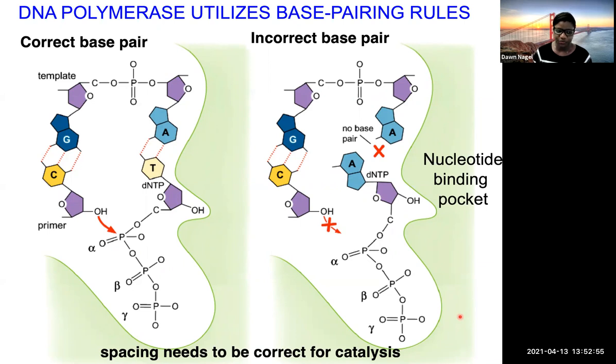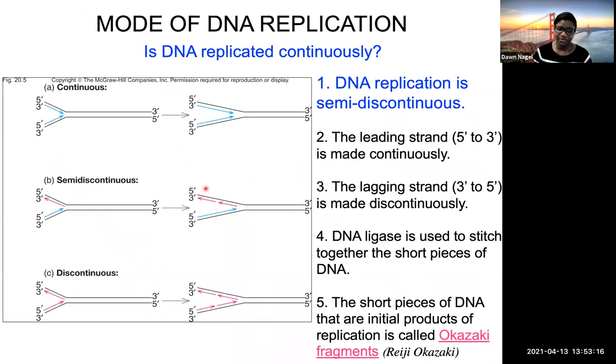I think it's more important for you to know that the 2 strands of DNA are both synthesized, but using a different mechanism. And the reason that difference exists is because DNA polymerase can only extend on the 3' end, which you don't have. So that means that you have to have these short fragments being made 5' to 3'. And we'll talk about that also later in this lecture.